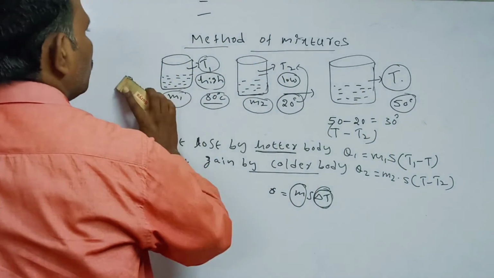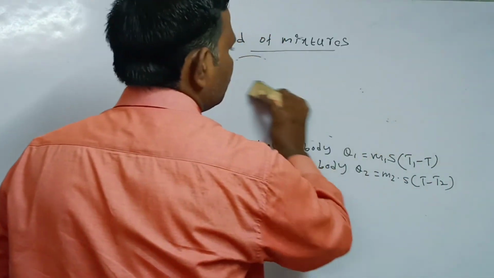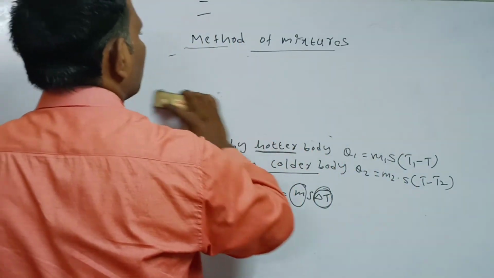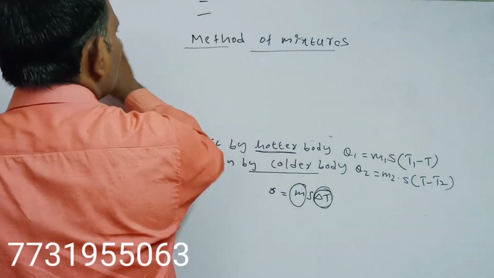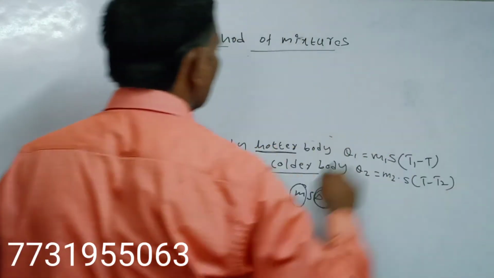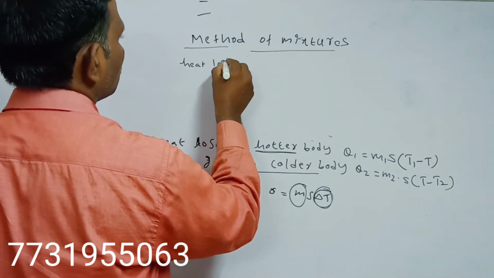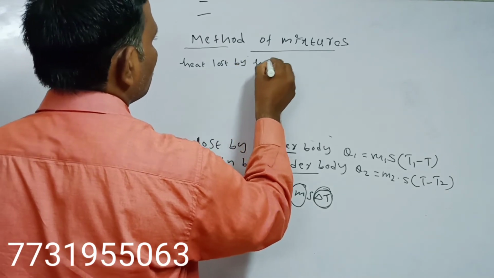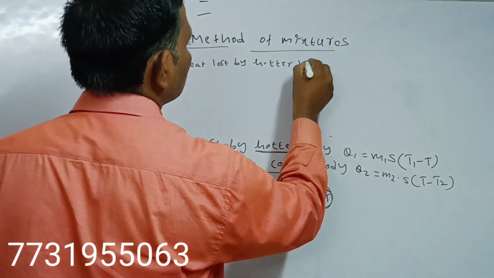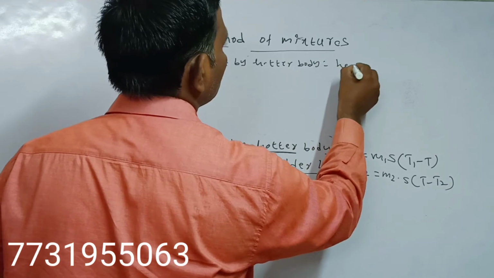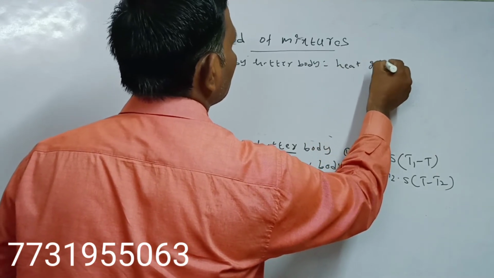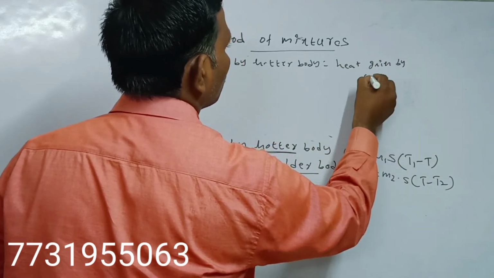So already I told you the principle of the method of mixtures. Heat lost by the hotter body is equal to heat gained by the colder body.